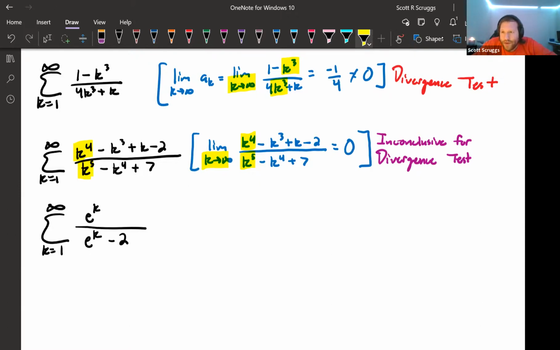The way I would form the series I compare with, I would take the term with the highest power in the numerator, take the term with the highest power in the denominator, and form the series I'm comparing with as the ratio of the two.